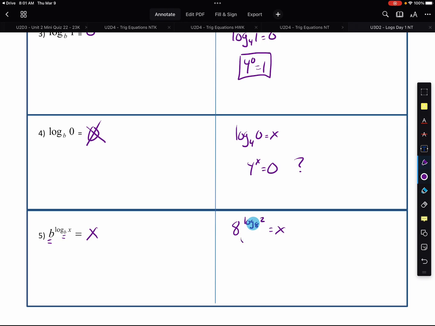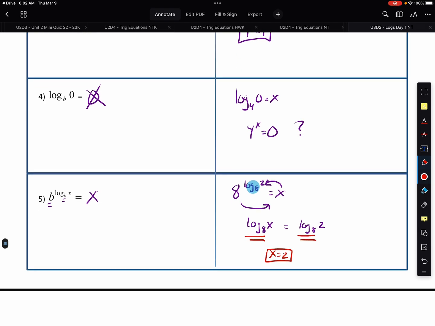If I do my convert idea, log base 8 of x equals log base 8 of 2. Since they both have the exact same log, we could just solve the arguments and x is 2. We'll keep going on these rules, but I just wanted to get them all out there for you.